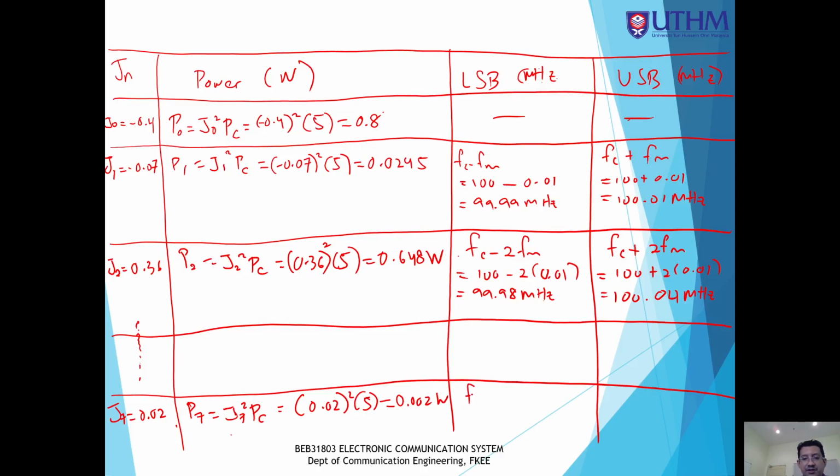And here is Fc plus 7Fm, so this is 100 mega plus 7 times 10 kilo, 0.01, which is 100.07 megahertz. So you see that we have 7 pairs of sidebands.